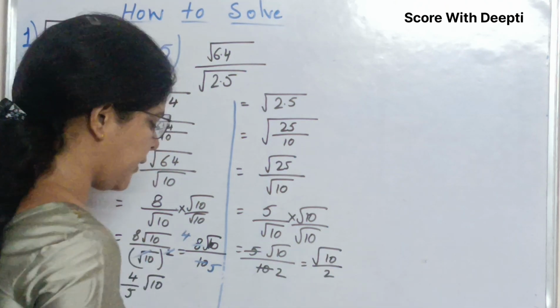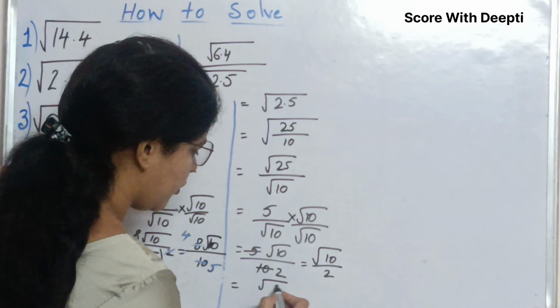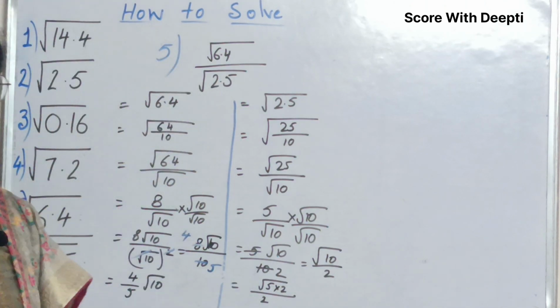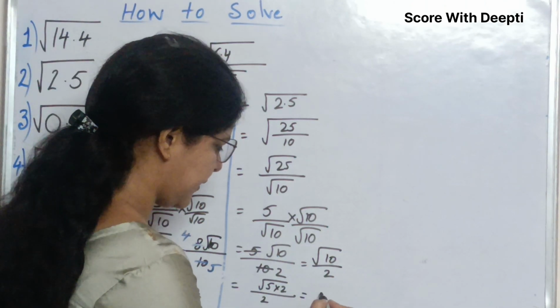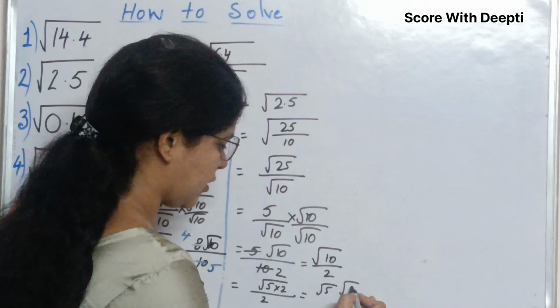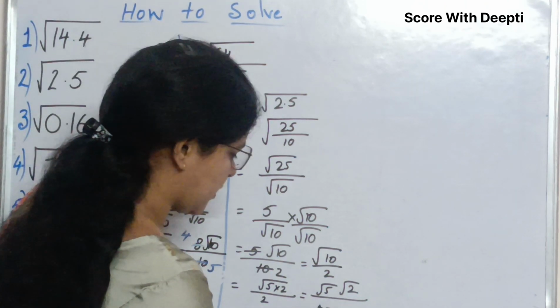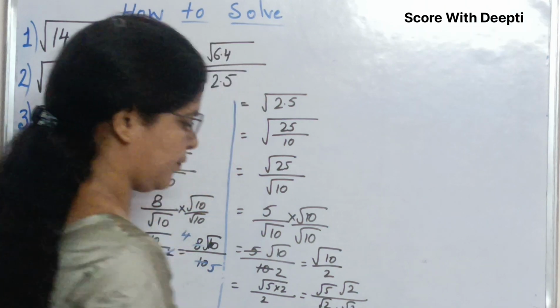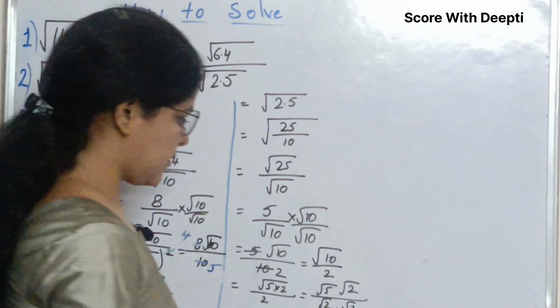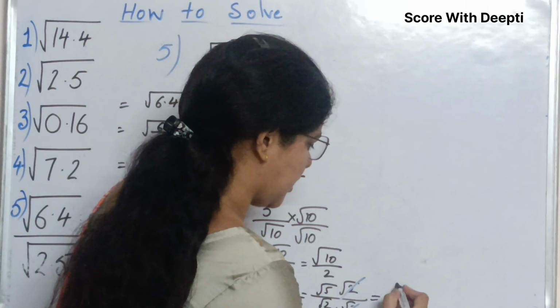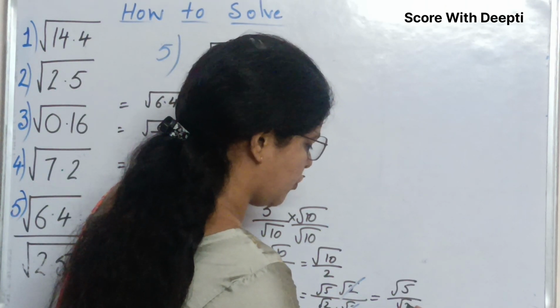Next, square root 10 can be written as square root 5 into 2 over 2. Separate these and get square root 5 into square root 2 over 2, which can be written as square root 2 into square root 2. Next, this one cancels out and we get square root 5 over square root 2.